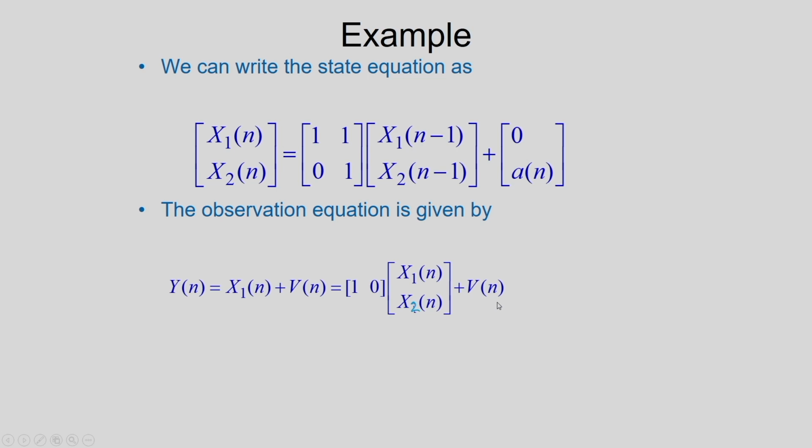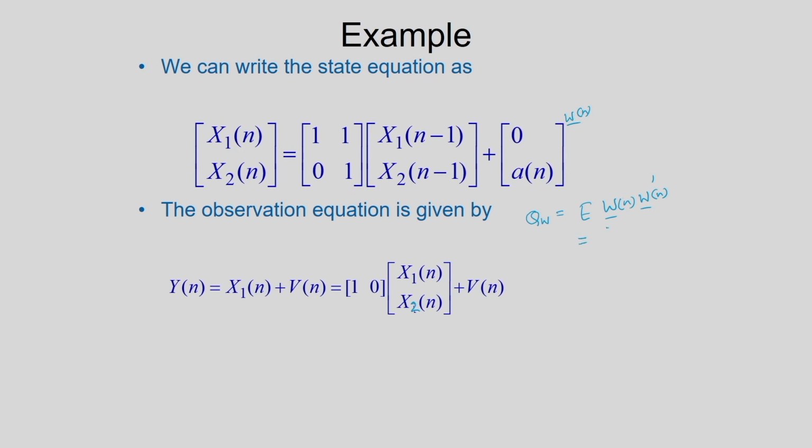Thus, here we can write that Q W is a matrix, because it is E of W n vector into W n transpose.